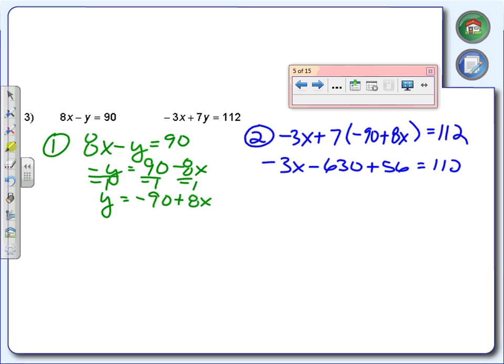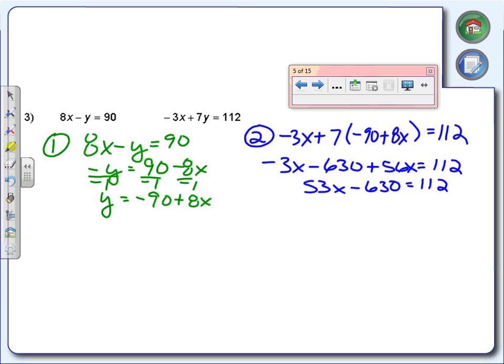And of course, it still equals 112. Gotta have that x on there. Now I've got to combine the like terms, so negative 3x plus 56x was what, Adam? 53x minus the 630 equals 112.